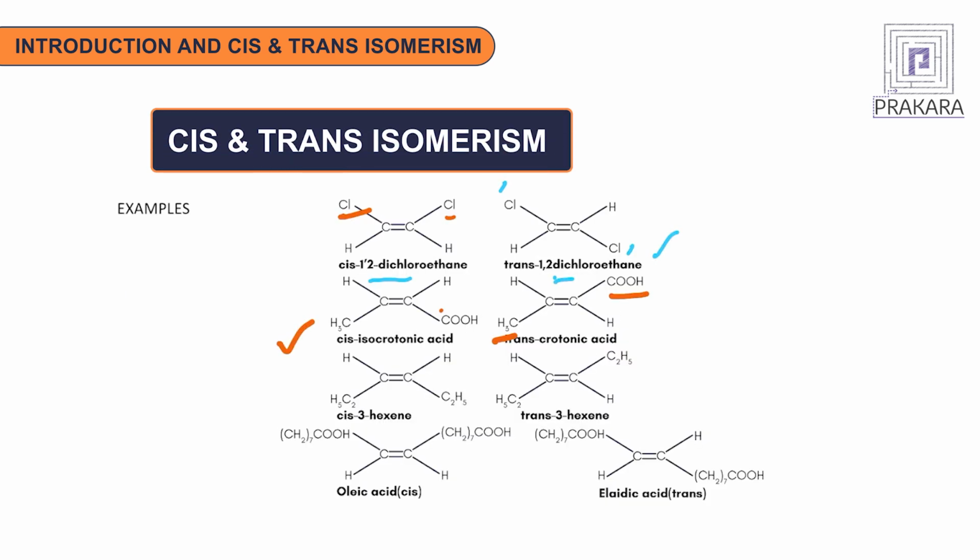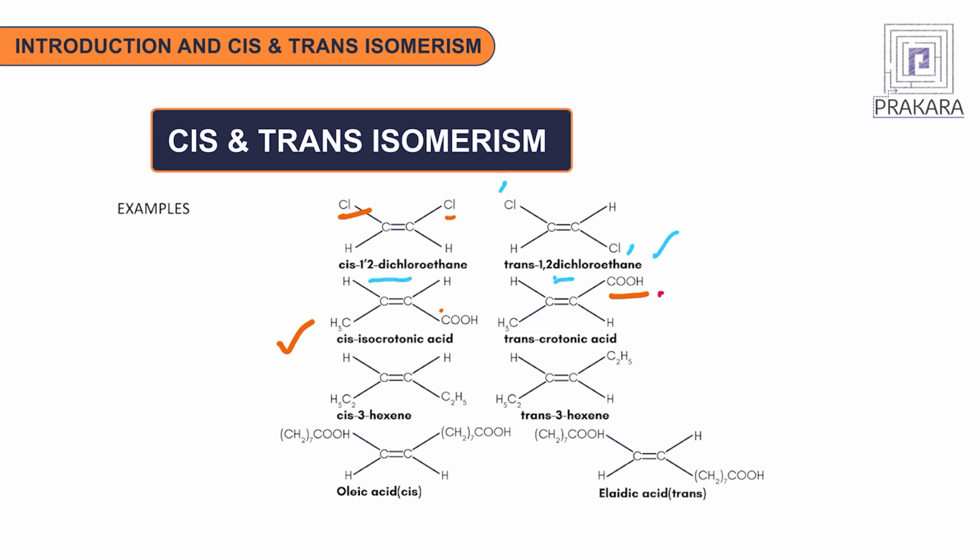We have seen a few examples here, like cis isocrotonic acid, in which you have hydrogens as well as carboxylic acid and methyl. This carboxylic acid and methyl are different groups, but still, by seeing where the hydrogens are present, we can designate cis and trans to this.